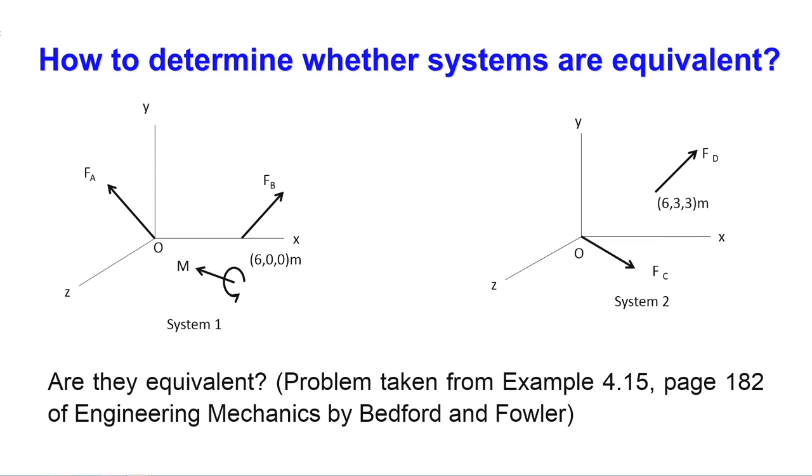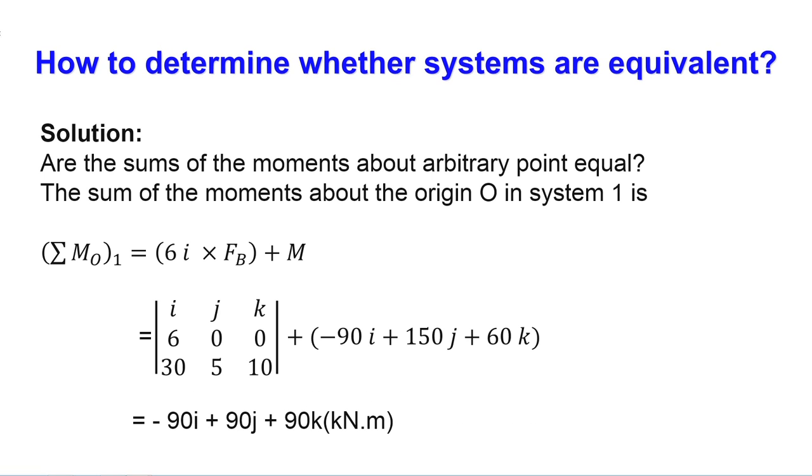This is the position vector, and the force is already given at the beginning of the problem. Then we can do the cross product r cross F to find the moment, and the moment M is also given.